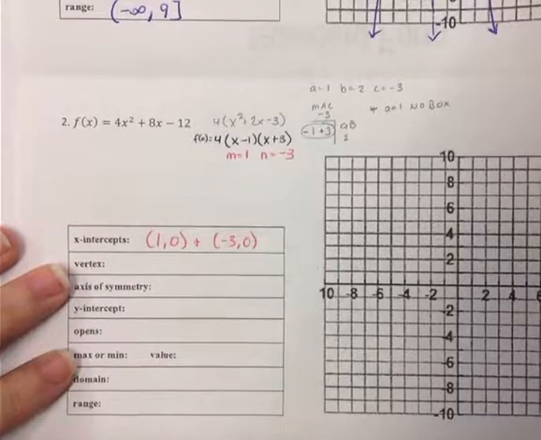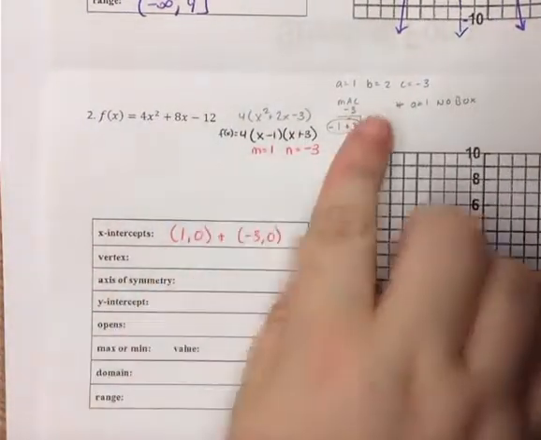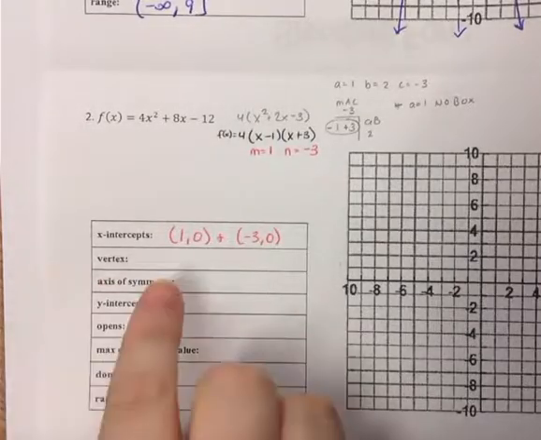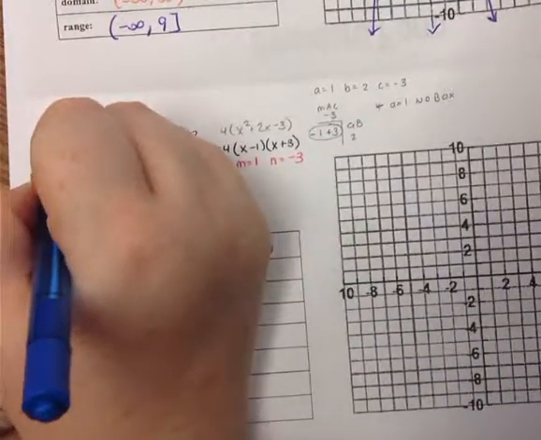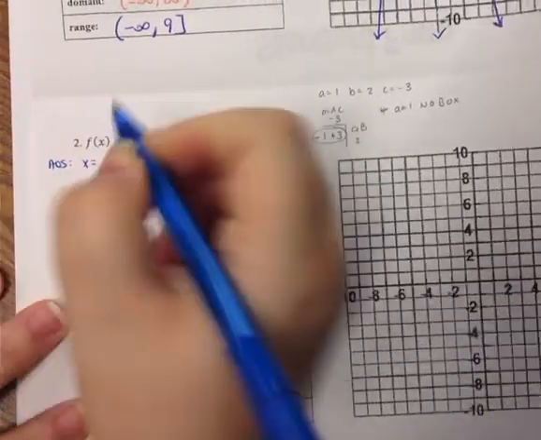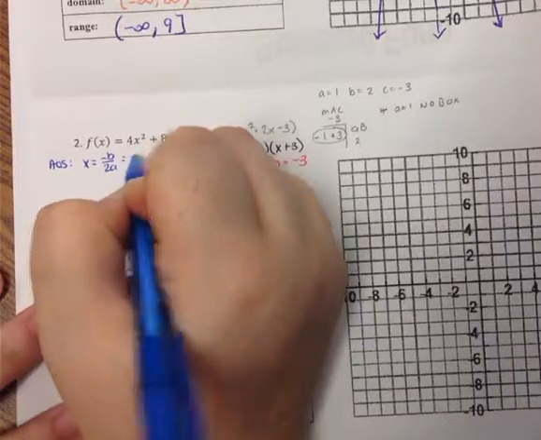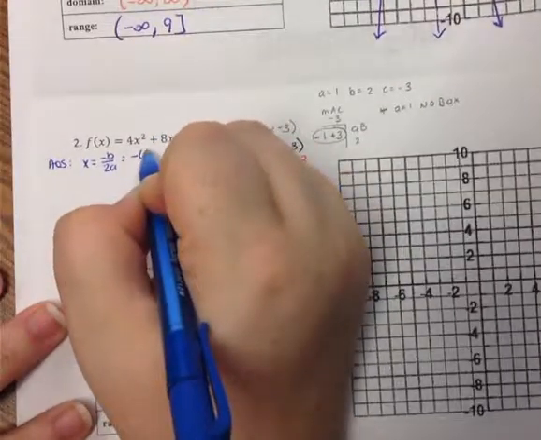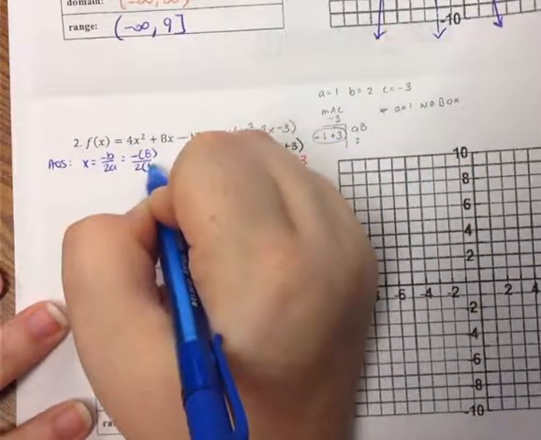And again, for our vertex, you can use our m and n, m plus n divided by 2. But again, using this formula for the AOS will help you if it's not factorable, if you can't do MAC AB. Got to find our axis of symmetry before we find the rest of our vertex. AOS, x is equal to negative b over 2a. So we have negative, our original b value was 8, divided by 2 times our original a value was 4.